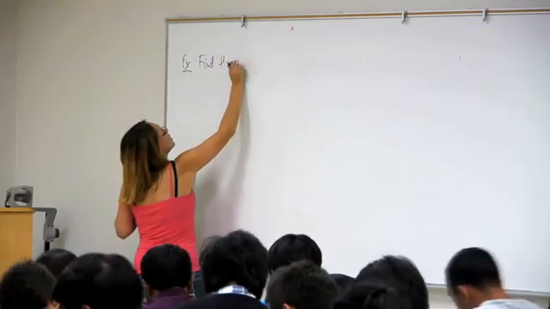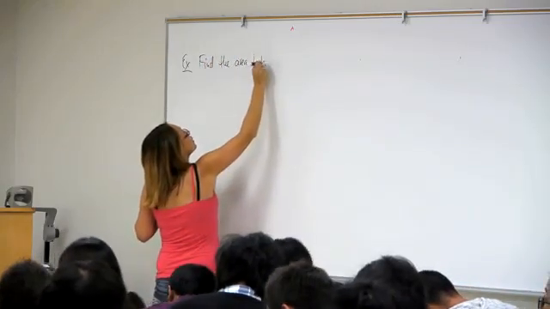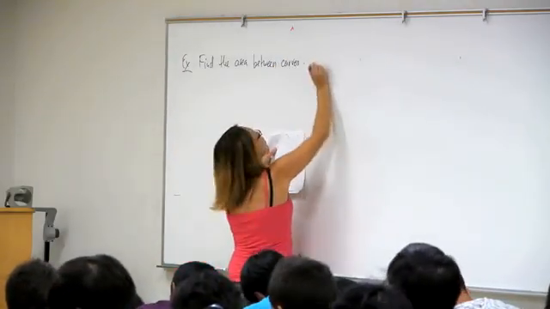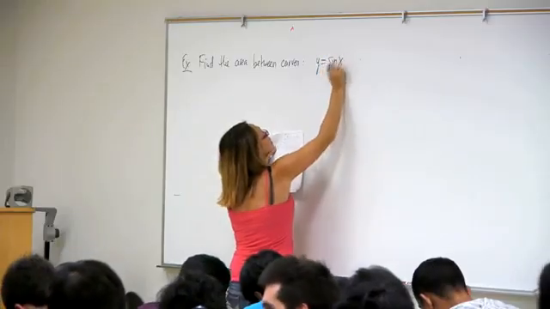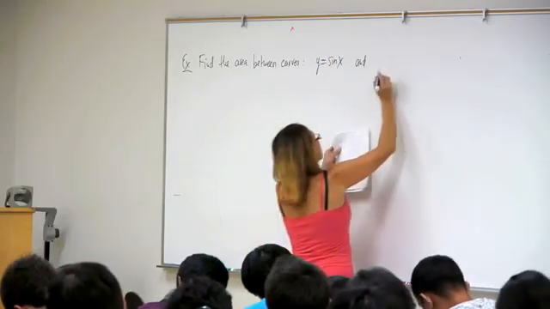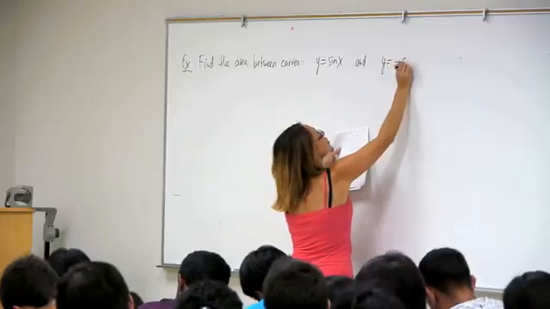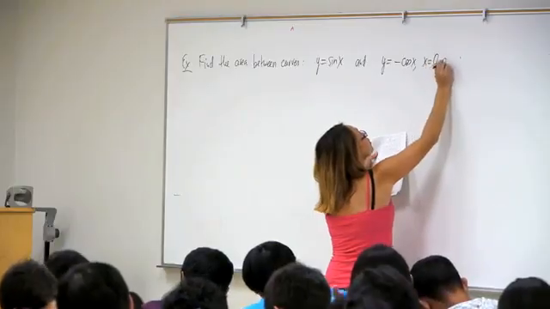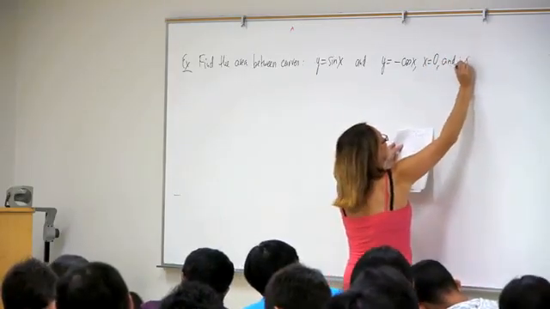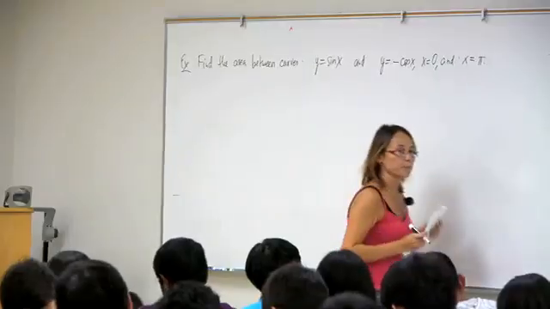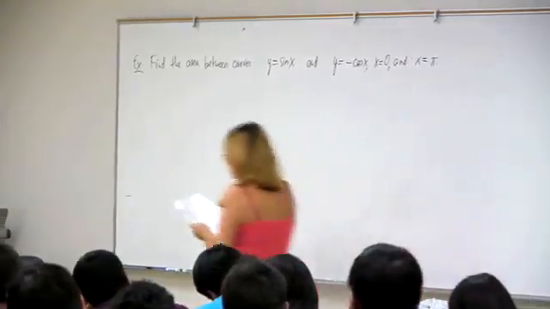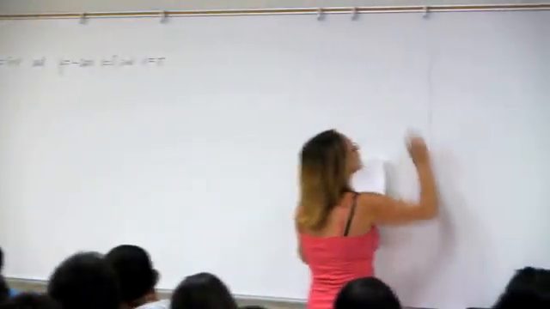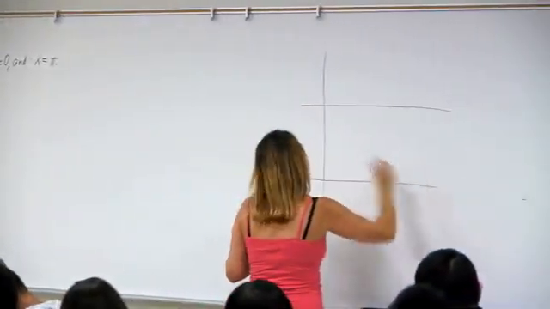Find the area between curves y equals sine x and y equals minus cosine x and x equals 0 and x equals pi. Okay. Why is this more tricky? For the following reason. So let me remind you about sine and cosine and what they look like. We will need this.